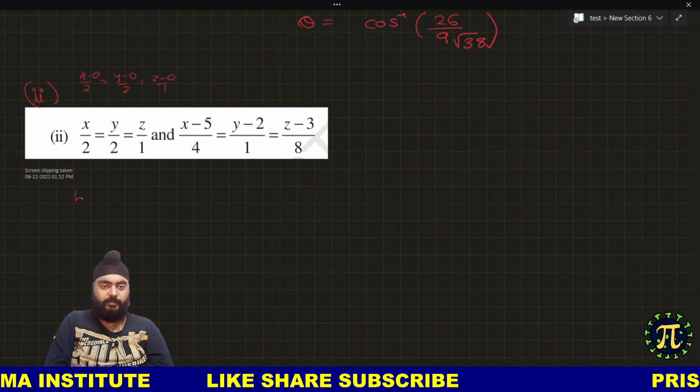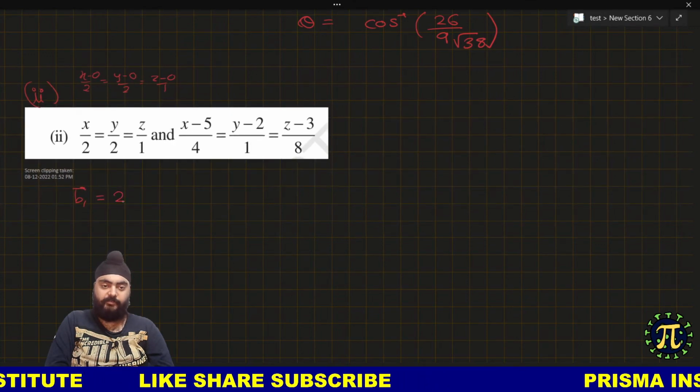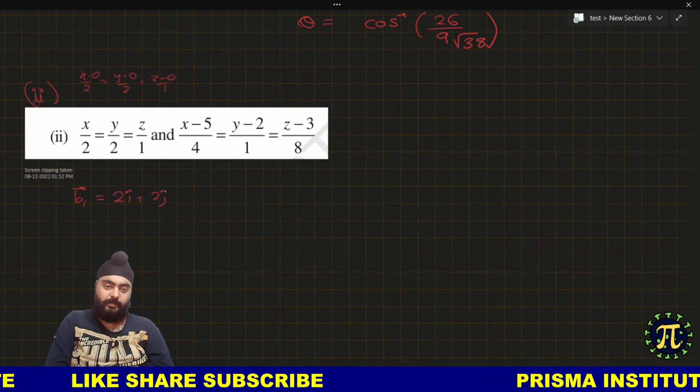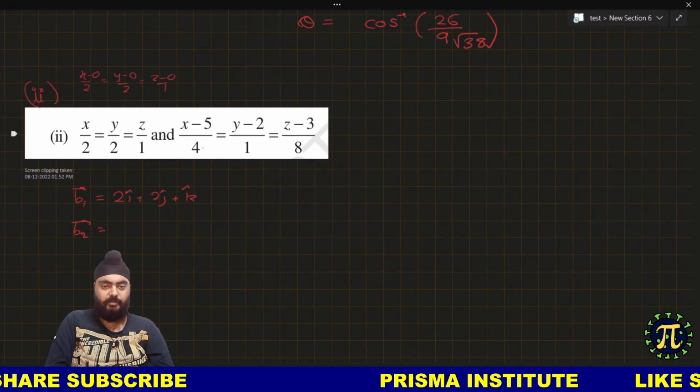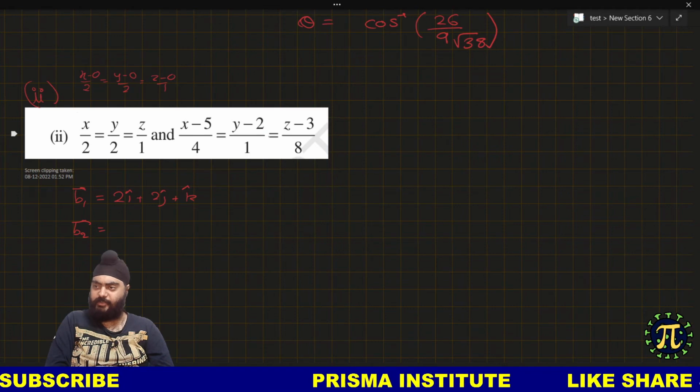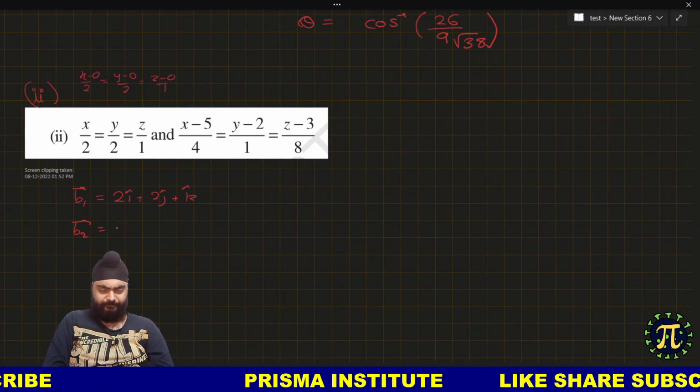So I can write b1 vector, which is vector parallel to line 1, which is 2i cap, 2j cap and k cap. And b2 vector, vector parallel to line 2 is, so this is already in that form, x minus x1 by a, so y minus y1 by b.